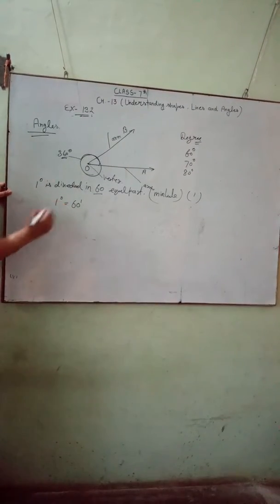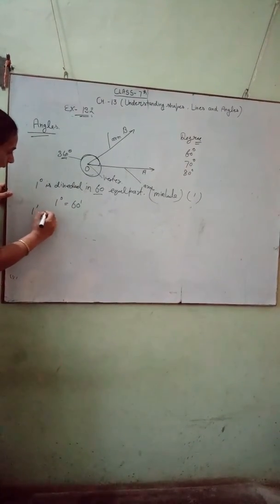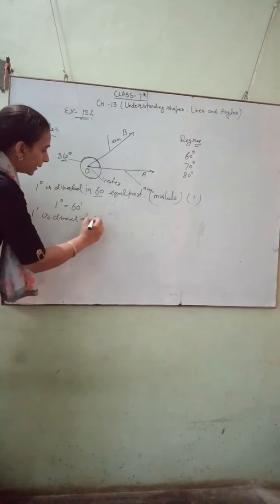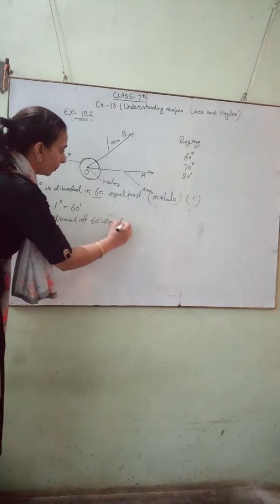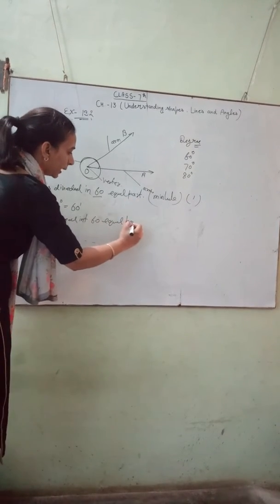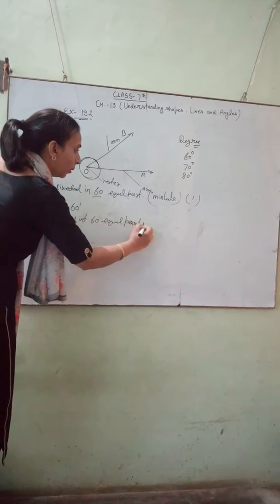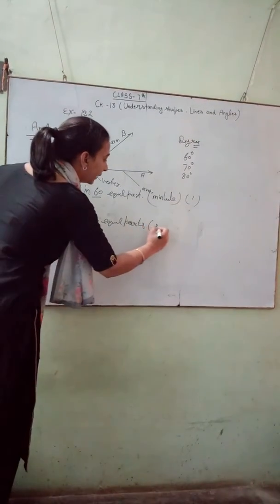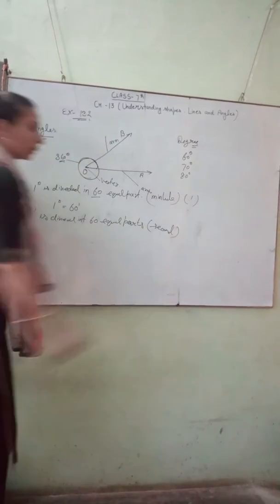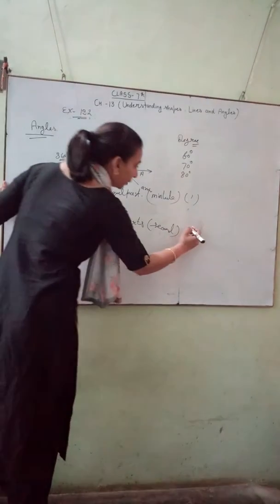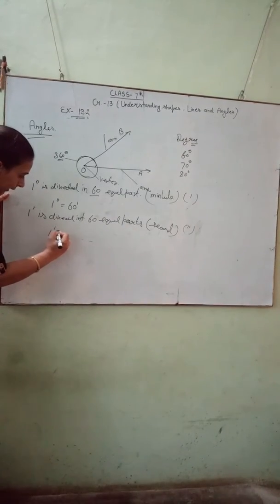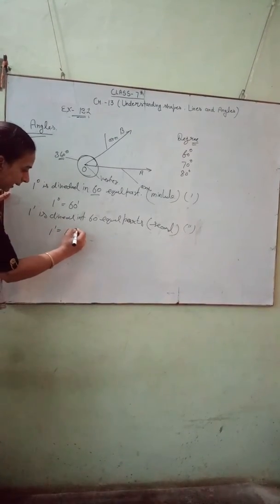Again, 1 minute is divided into 60 equal parts, and each part is called a second and denoted by this symbol. For example, 1 minute equals 60 seconds.